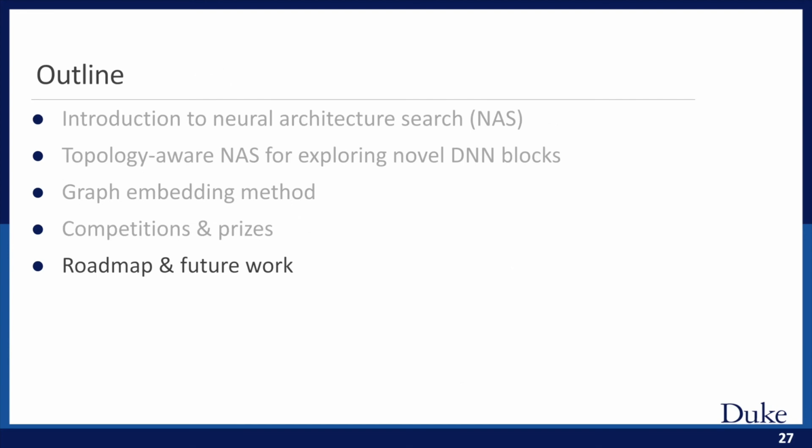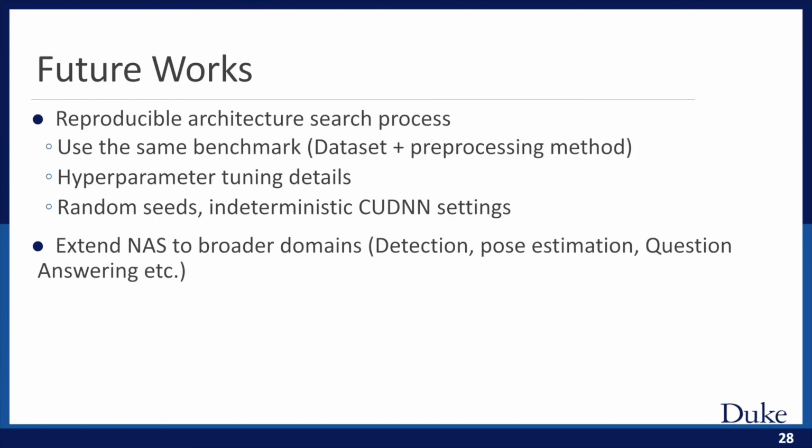So at the last, I would like to talk a little bit more about our future research work on these research lines and also the roadmap of our lab. We believe the reproducible architecture search process is very, very important. Basically, how can we use the same benchmark? Are we able to provide more details on hyperparameter tuning?